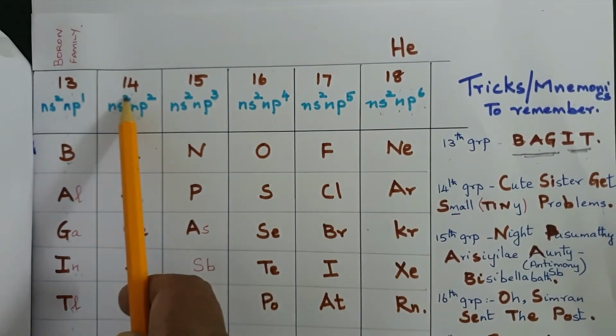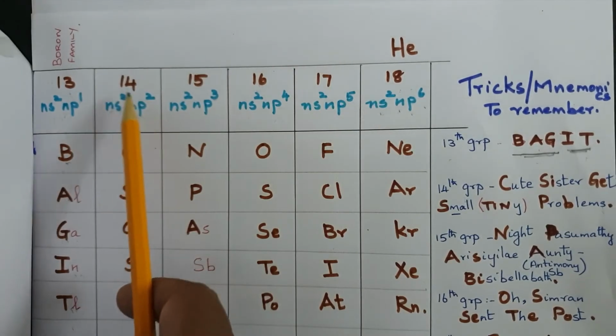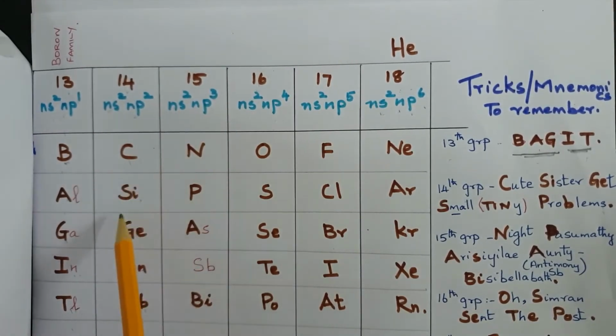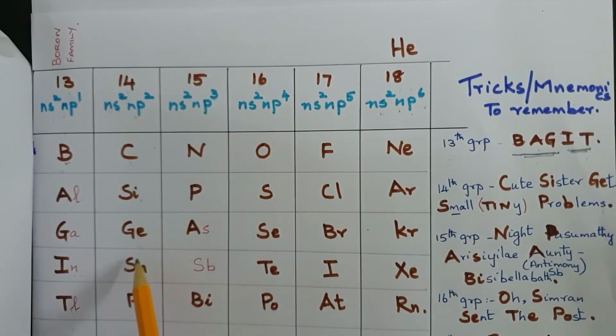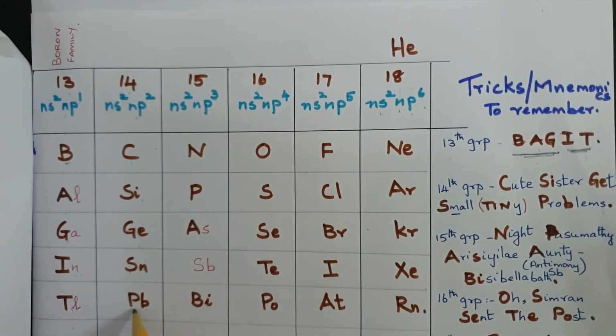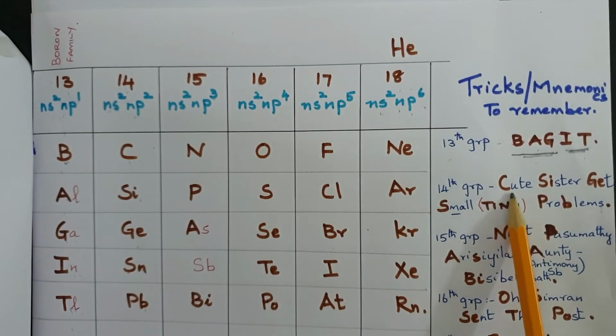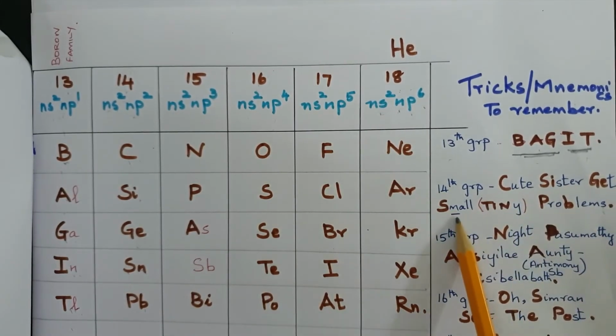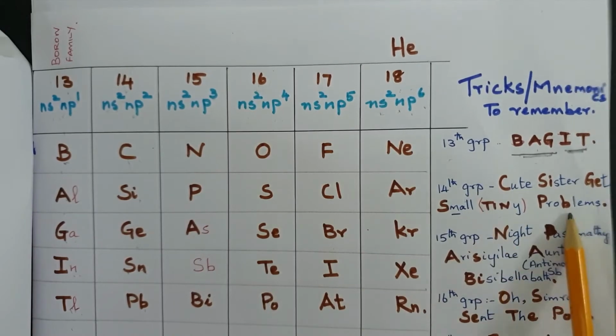Now let's go to the 14th group and how to remember the elements present in it. Cute sisters get small problems. Here I've written it down for you. Cute sisters get, instead of small, you can write tiny problems.